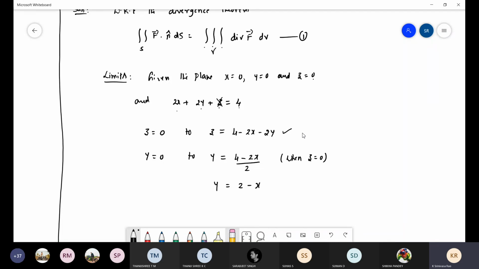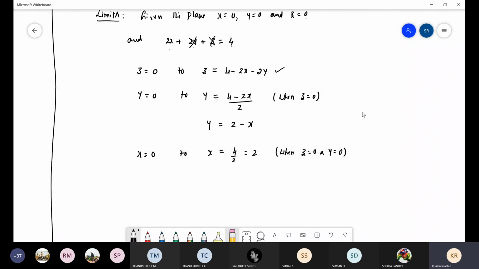Okay. Now x is equal to 0 to. Yes. Now you put y also 0 in this expression. Then x is equal to 4 by 2, and 4 by 2 is nothing but 2. So when we put z equals 0 and y equals 0, then you will get this value. You got it? Any doubt? Calculating the upper limit?